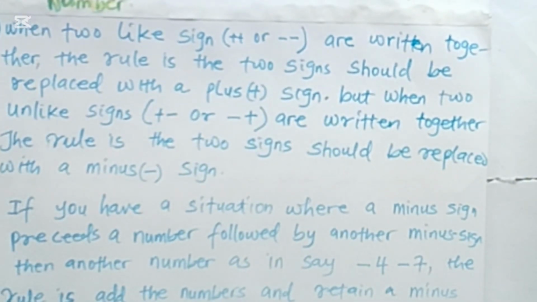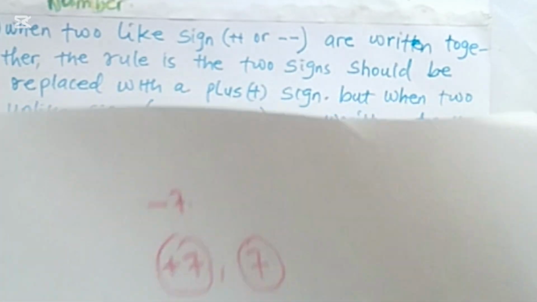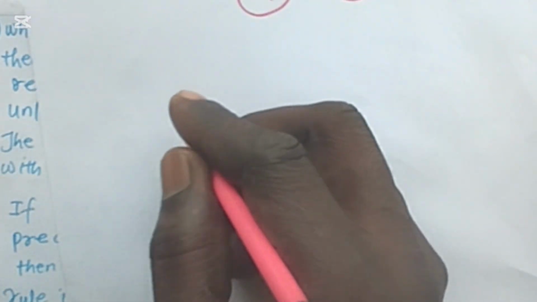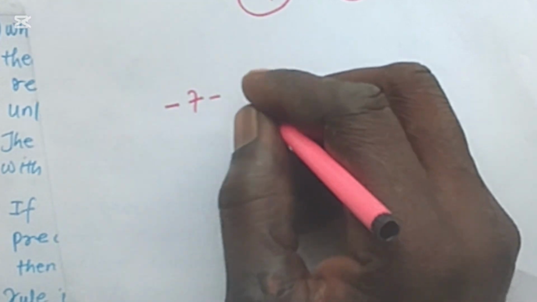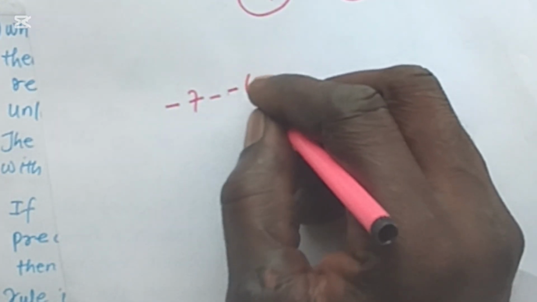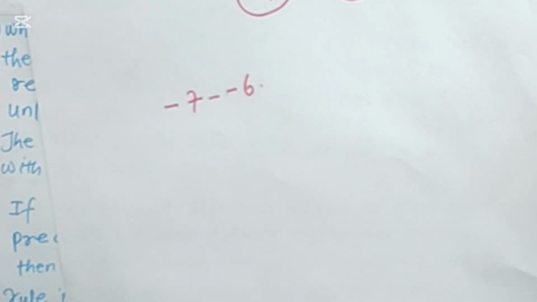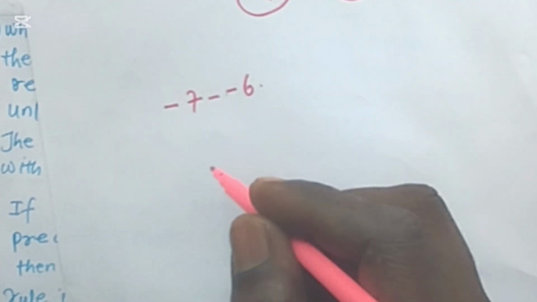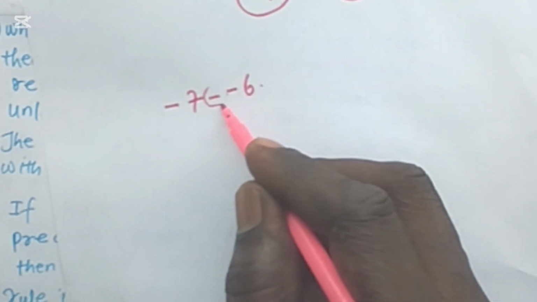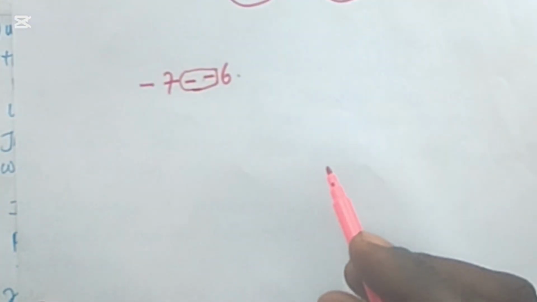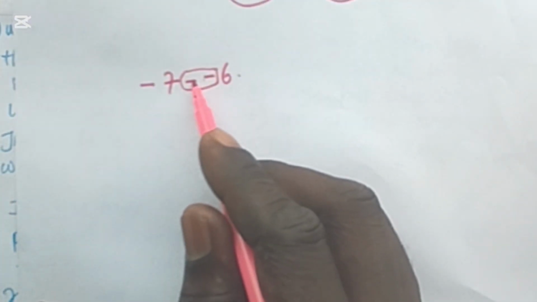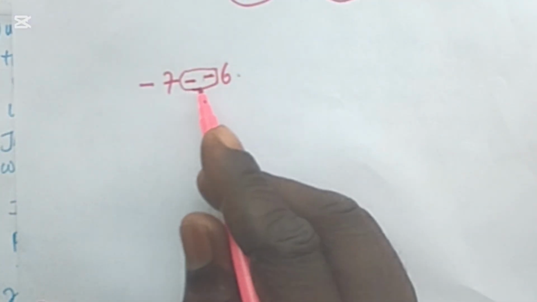This is very important. Let me bring my rough sheet to explain this better. For instance, now you have -7 minus 6. Okay? What this rule states is that if you look at this place now, you have two like signs, in this case, minus and minus, written together.